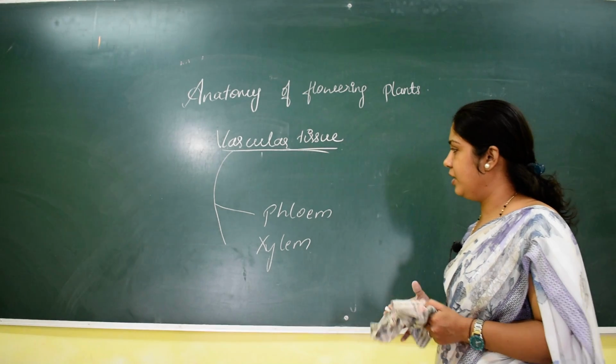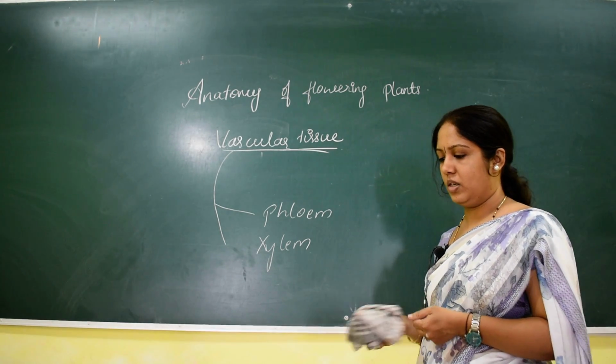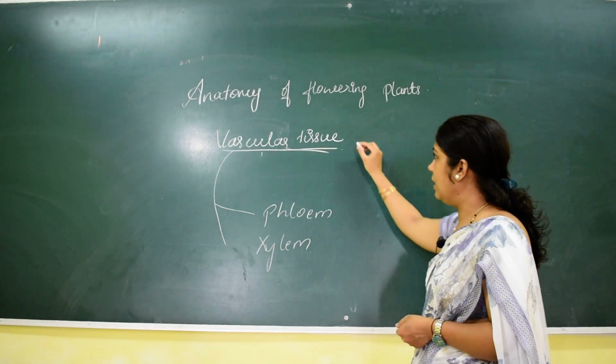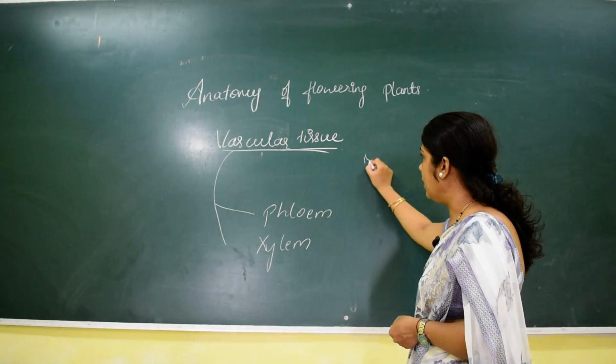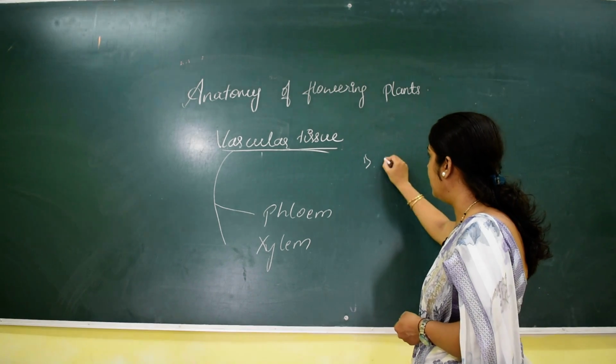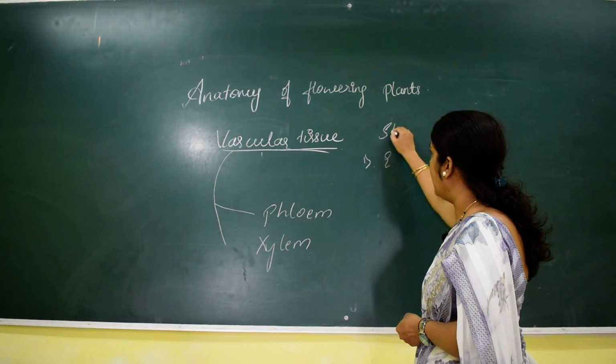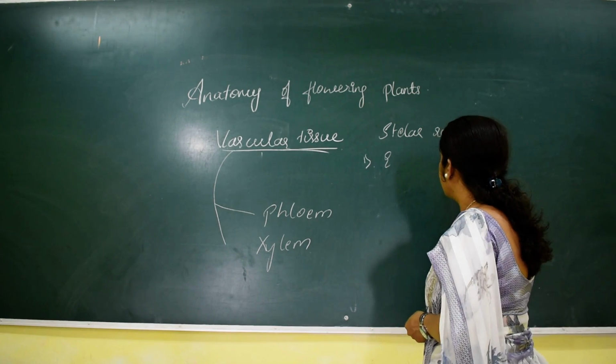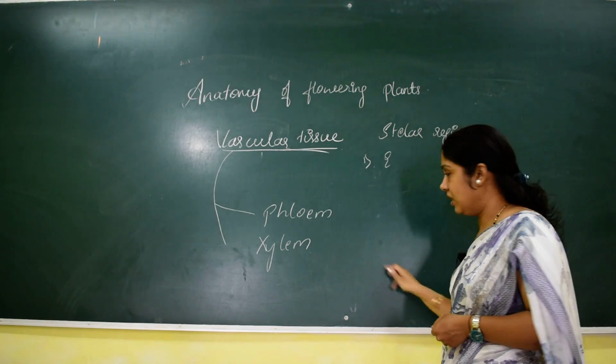Now the mode of arrangement of this vascular tissue, that is xylem and phloem. There are three regions in the stellar region.